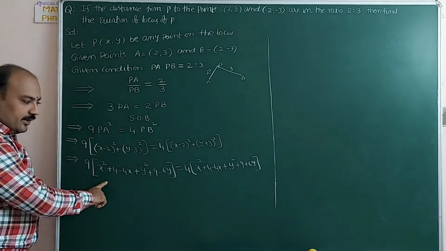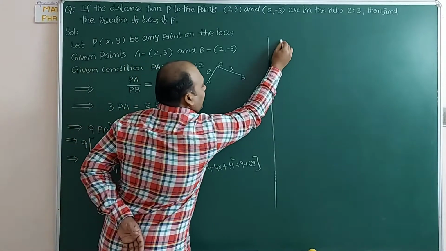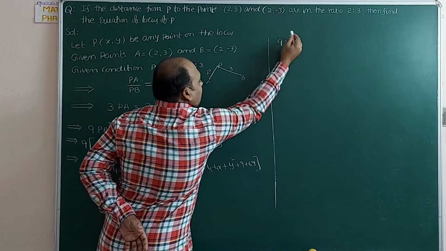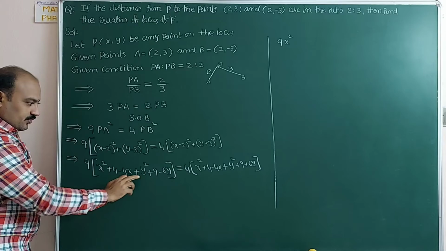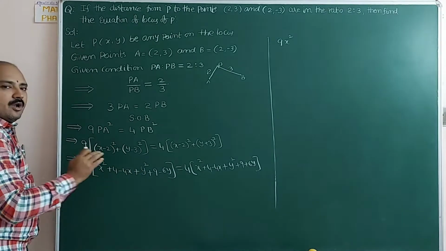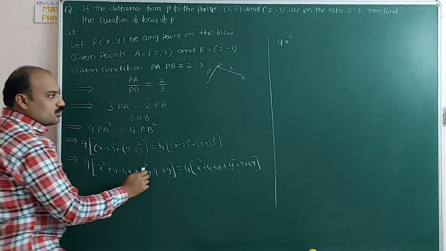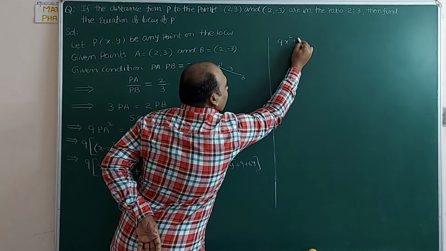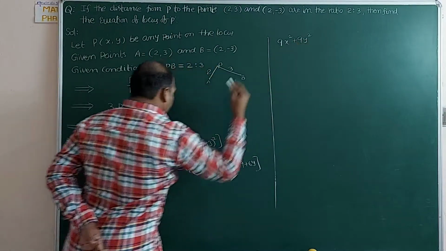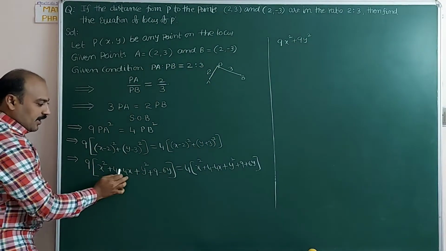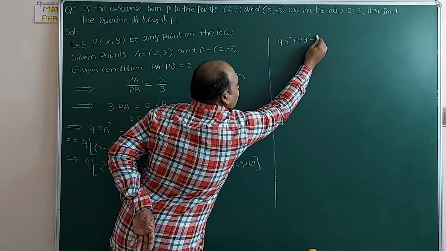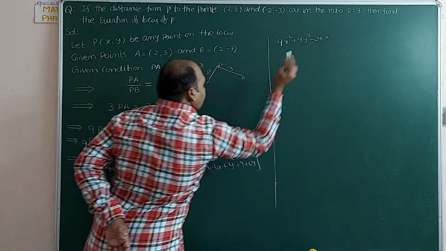So 9 into x square, 9x square. Next y square term, in order you are writing: 9 into y square, 9y square. Next, x terms, 9 into minus 4x, minus 36x.